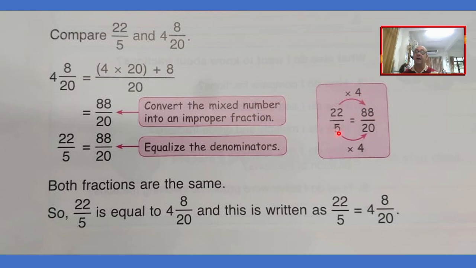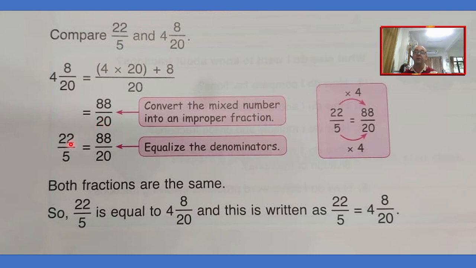And then 5 times 4 is 20. Okay, so we need to make the bottom, or the denominator, the same as this denominator.